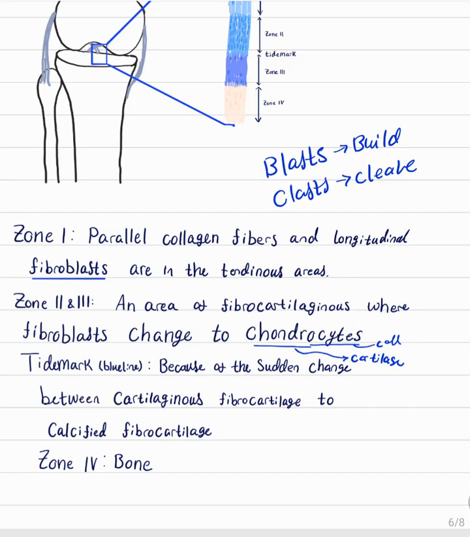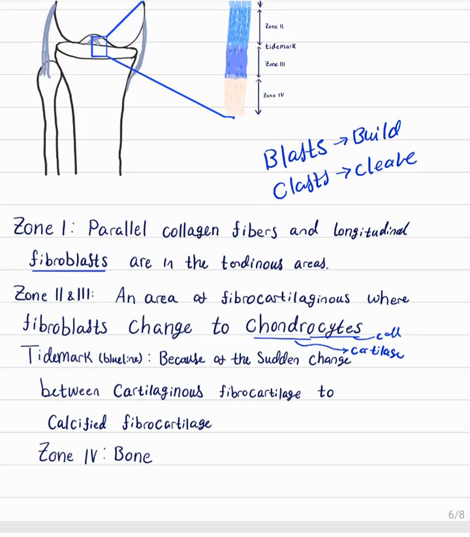So we have the fibrocartilaginous cells where the fibroblasts make them into cartilage cells. Then you have the tide mark, or the blue line, which is where there's a sudden change between cartilaginous fibrocartilage and calcified fibrocartilage, so it's a little bit stiffer. And then we have zone 4, which is the bone.